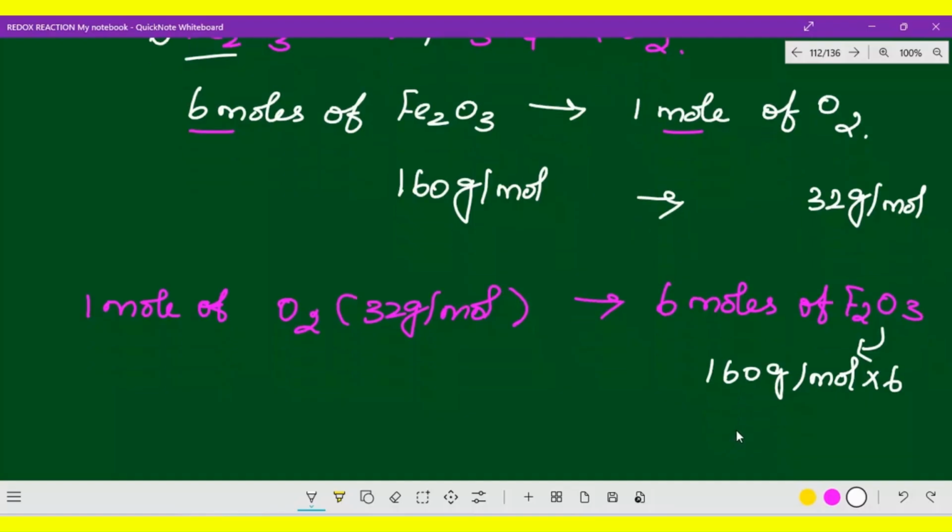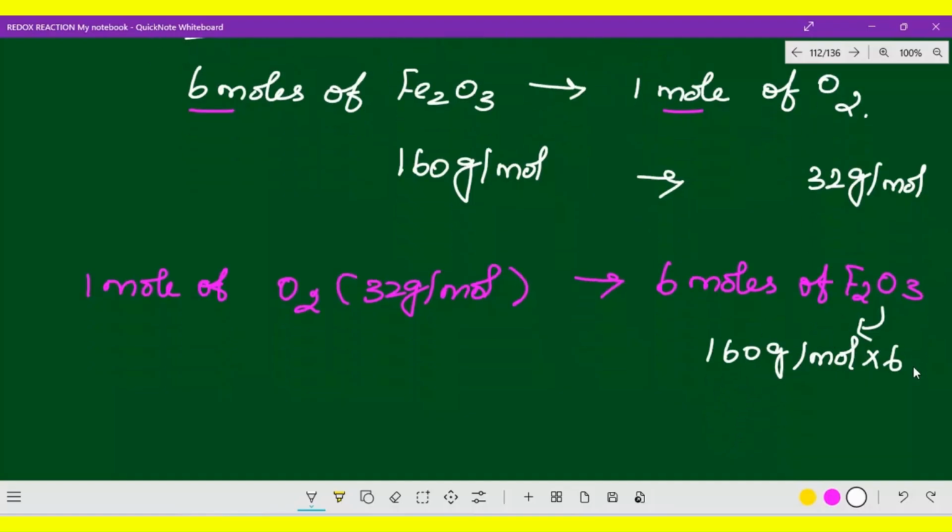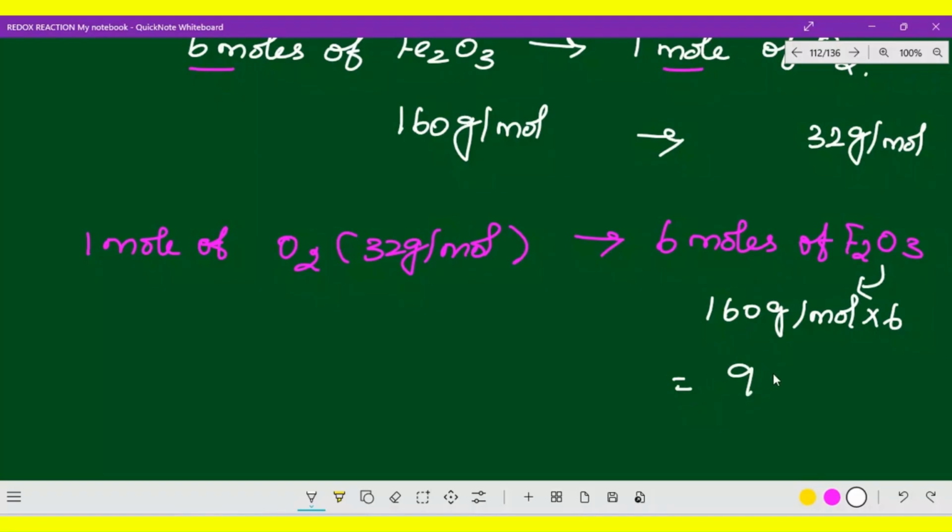Can you get that point? So 160 into 6 moles, you will get 960 gram. Right, now here 1 mole of oxygen can produce 6 moles of Fe2O3. The same way, 32 gram per mole of oxygen can produce 960 gram of Fe2O3. I hope you got that point.